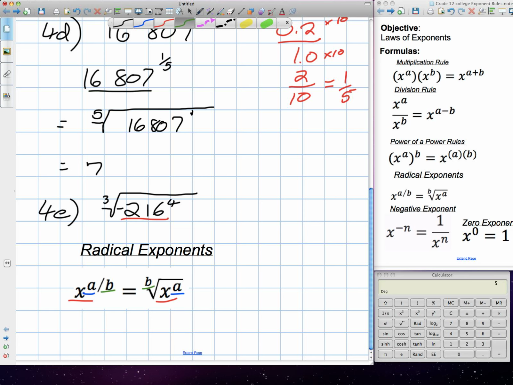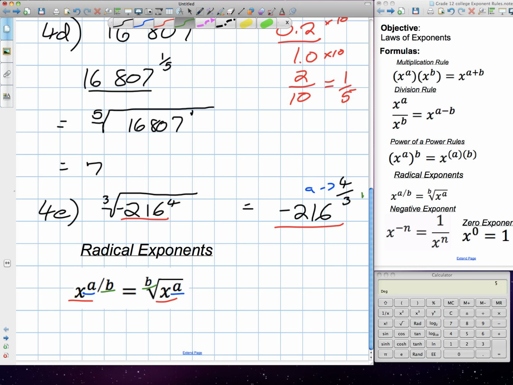So when I go to put it in exponential form, we still have the same base, negative 216. What number goes on top of the exponent? Yep, 4 over 3, which is our a and our b. So that's in exponential form, negative 216 to 4 over 3.